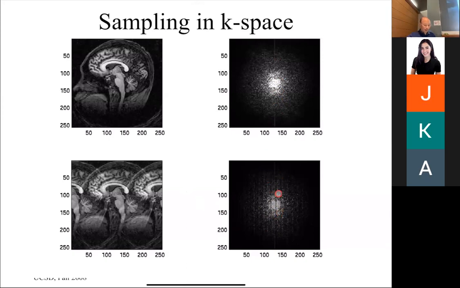And what you see when that happens is aliasing. In this case, the brain repeats itself and overlaps itself. Obviously, if you went to the doctor and they gave you this back, and said this was your brain, you would be concerned. You'd be like, this is why I have headaches, because my nose is going into the back of my head or something. But that's not true, it's just what the image looks like.